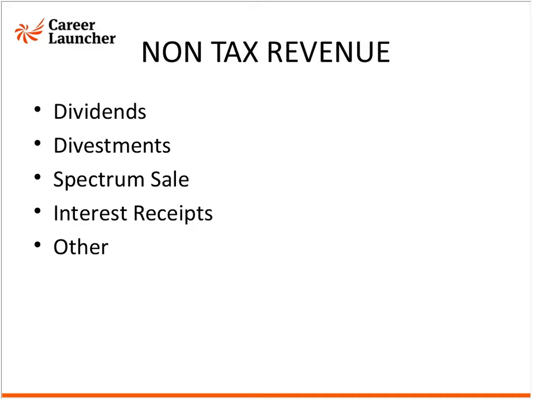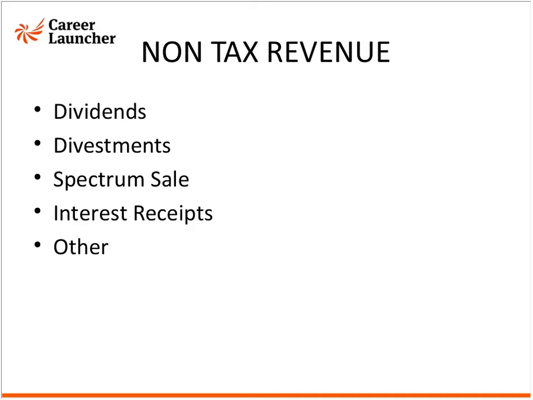So the first non-tax revenue is called dividends. What are dividends? Dividends are income for the government from all the public sector companies. So basically when public sector companies shell out their profits, they are called dividends. When you pay some amount of your profit to your shareholders, that is called dividends.